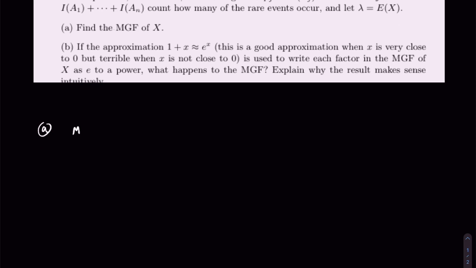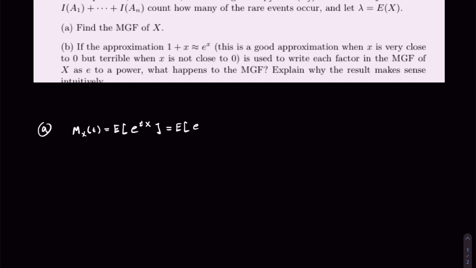The MGF of X, by definition, and the first equality is this expectation of e to the t X. In the second equality, we're going to unpack X and then let's see what that gives.